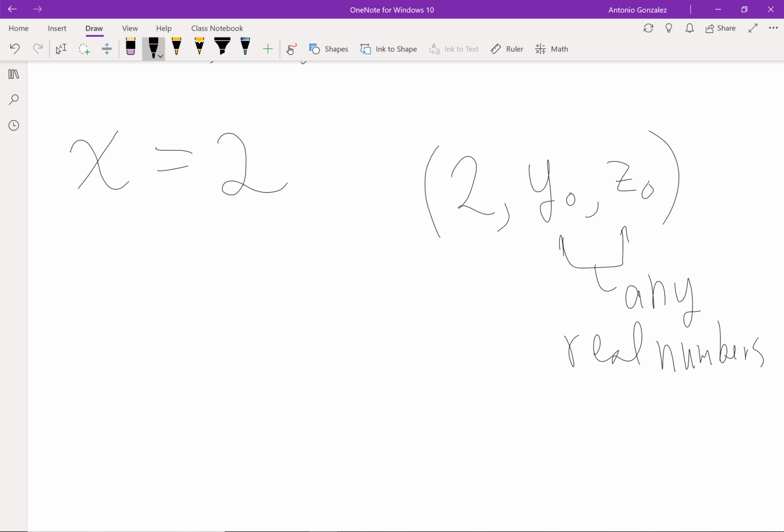Now, if we were in R2, we wouldn't have that z component. It would just be that y could be anything. So we would have a vertical line that goes through 2, since y could be anything. Now we are up one dimension, so if we're in R3, y and z could be anything. So we have not a line, but in this case, a plane.